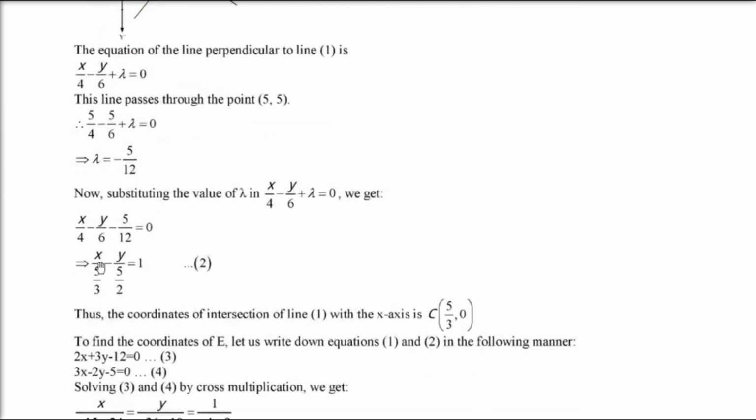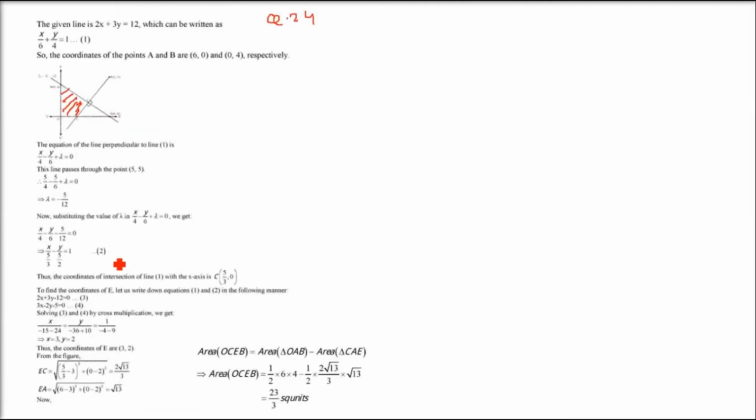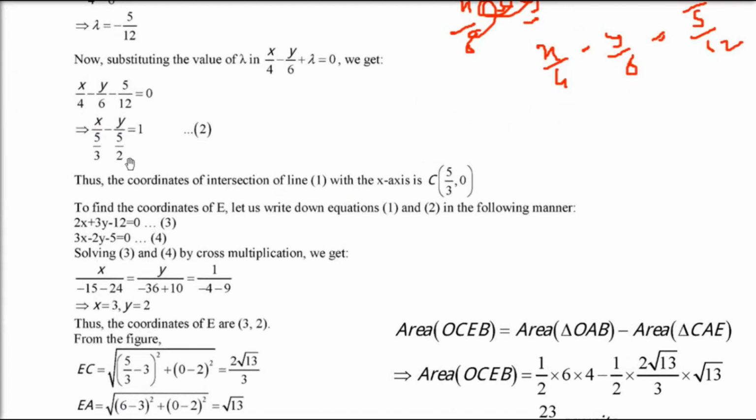So you can take 5 by 12 on the right hand side. This is x by 4 minus y by 6 equals 5 by 12. Divide both sides by 5 by 12. Okay, so you'll get the x by a, y by b form, and this is 5 by 3 and 5 by 2.